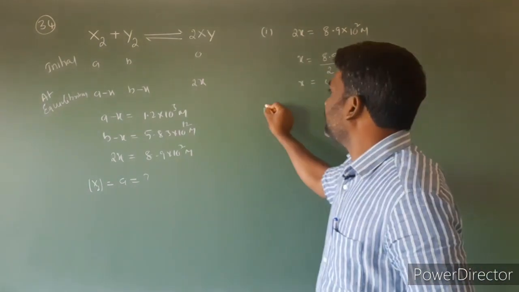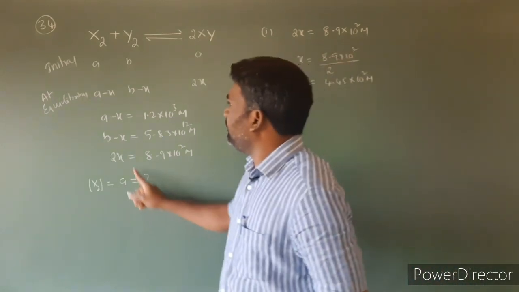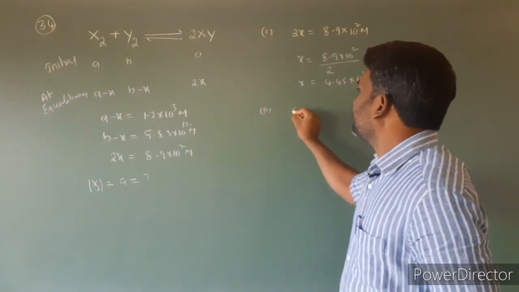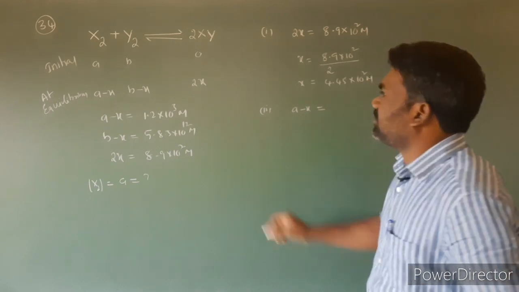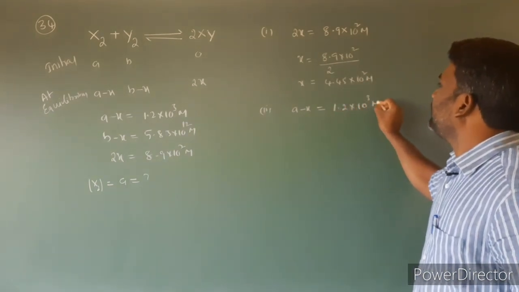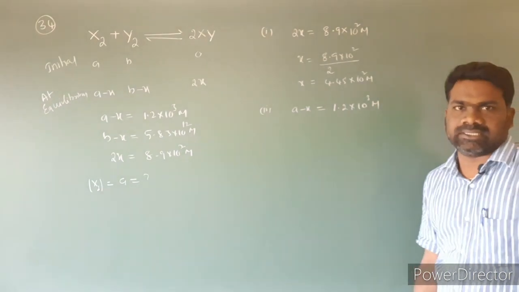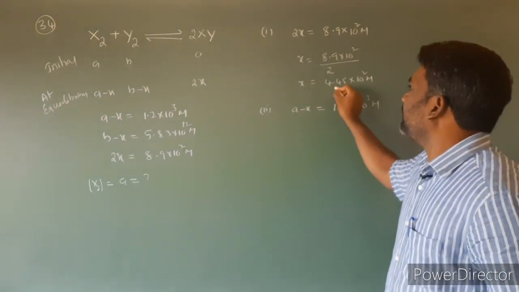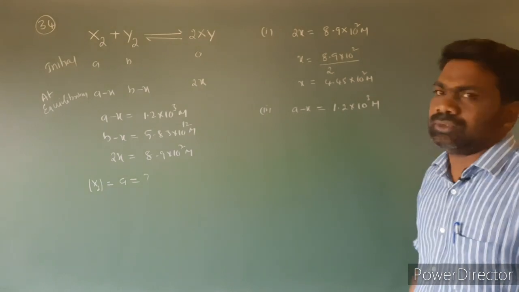Second, we have to find out the a value. So to find the a value, we have to take a minus x. So a minus x is equal to 1.2 into 10 power 3 m, isn't it? Then x we already know very well. What is the x value? 4.45 into 10 power 2 m.